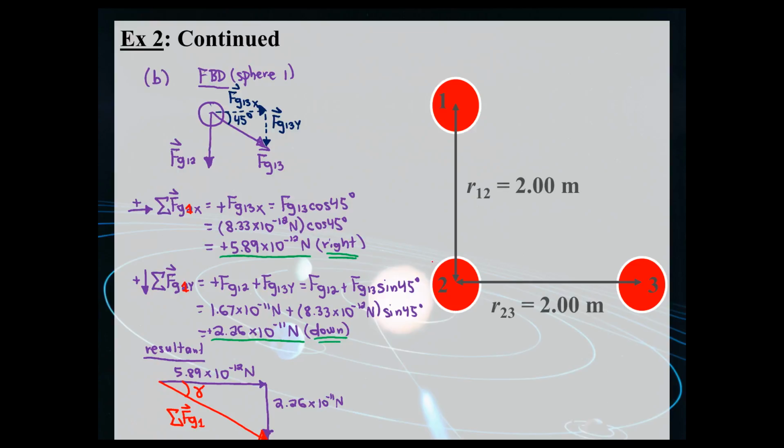Okay, so let's calculate this. So the magnitude, sigma FG1, would be equal to, take the sum of the squares and the square root, that'd be 5.89 times 10 to the negative 12 newtons all squared, plus 2.26 times 10 to the negative 11 newtons all squared.